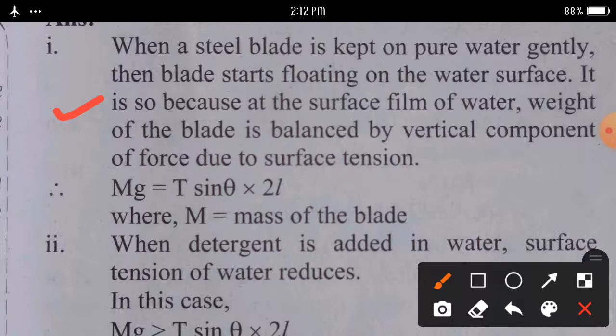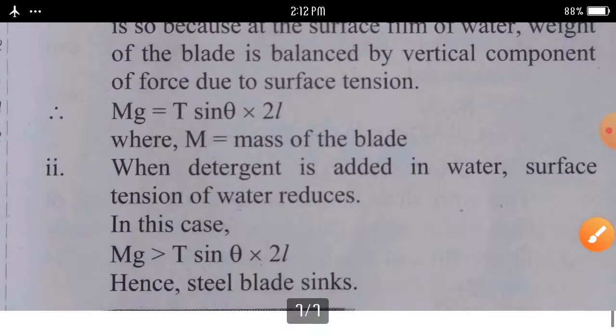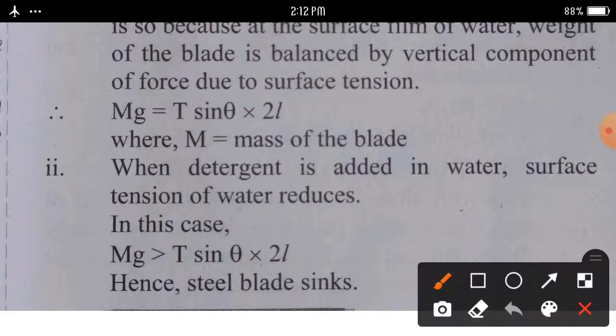This force is given by mg = T sin θ × 2L, where m is the mass of the blade.